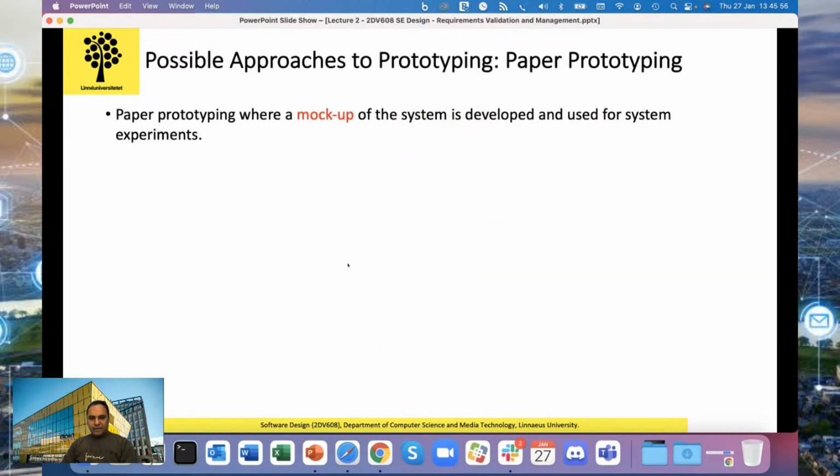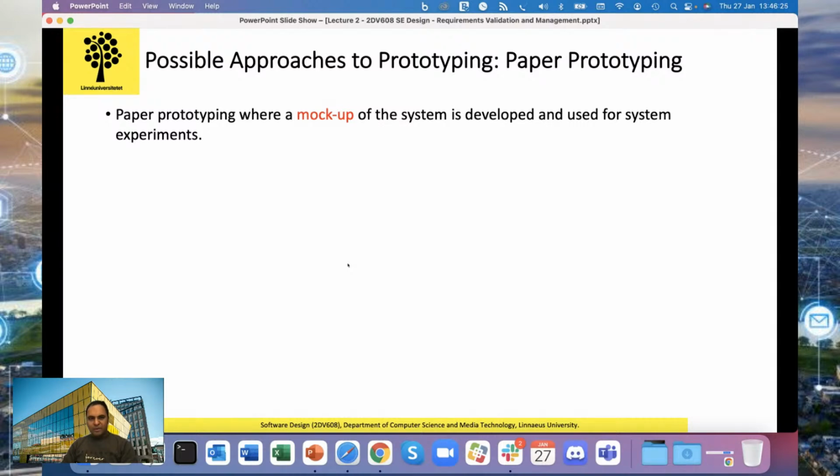I will be discussing three major or popular ways of prototyping. One is, of course, paper prototyping, another is Wizard of Oz prototyping, and the third one, which is more realistic, uses a high-level fourth generation language.